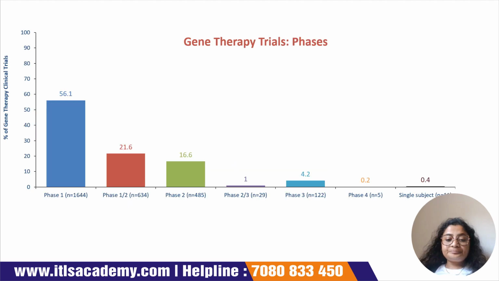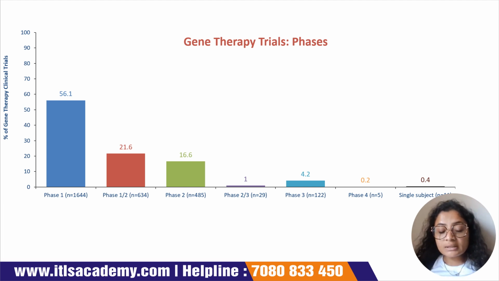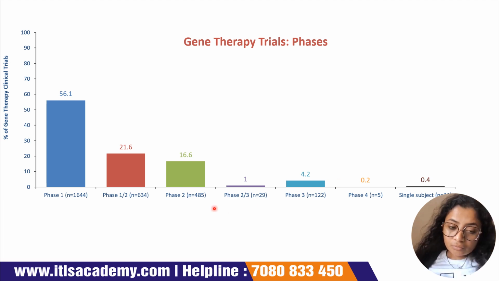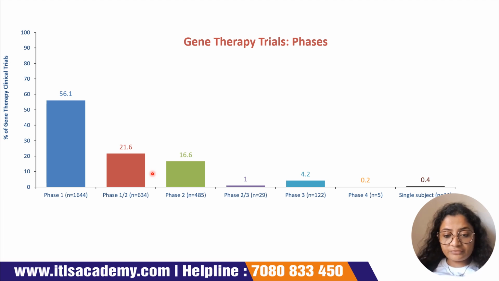Now moving forward, we have different gene therapy trial phases. How will they be represented in a graph? This is the graph that we have. On the x-axis we have the number of gene therapy clinical trials, and on the y-axis we have the different phases.